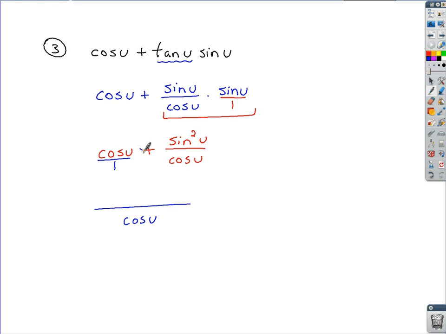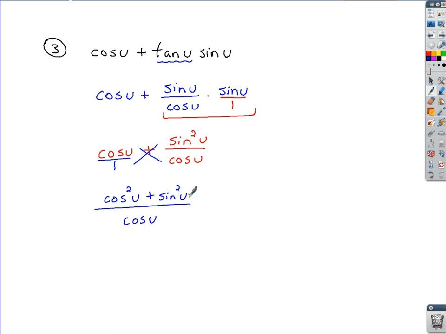So we take our cosine of u times cosine of u first. Cosine squared of u. We're adding on sine squared of u times 1. So sine squared of u. We've done all the algebra we possibly can do. We've got our fraction together.